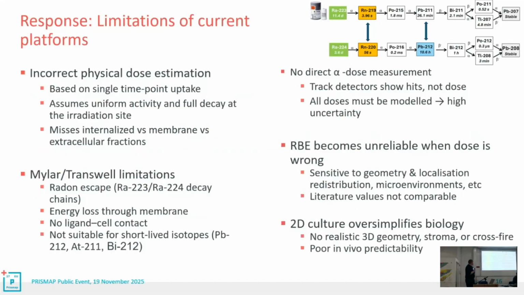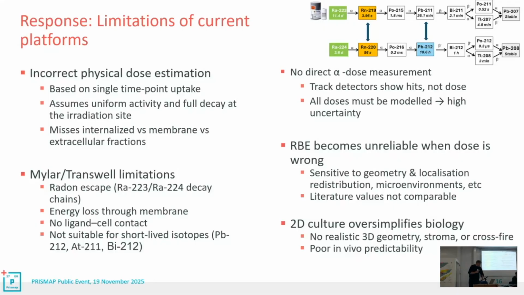The limitations they've identified include incorrect physical dose estimation, which can be based on a single time point uptake. It assumes a uniform activity and full decay of the radiation site, to pick a few. You can also have radon escape and energy loss through the membrane. So there's a large number of limiting factors.